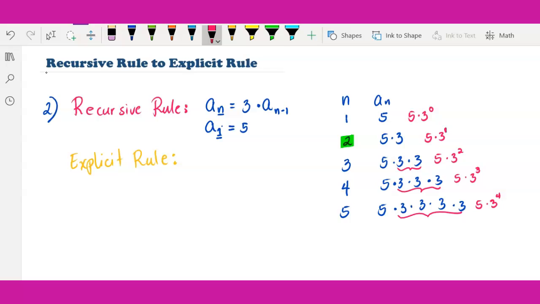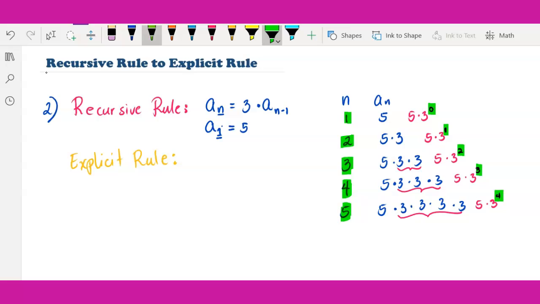All right, pay attention to the exponent. When n is equal to 2, the exponent is 1. When n is equal to 3, the exponent is 2. When n is equal to 4, the exponent is 3. When n is equal to 5, the exponent is 4. And when n is equal to 1, the exponent is 0. Notice that those exponents are just 1 less than n.